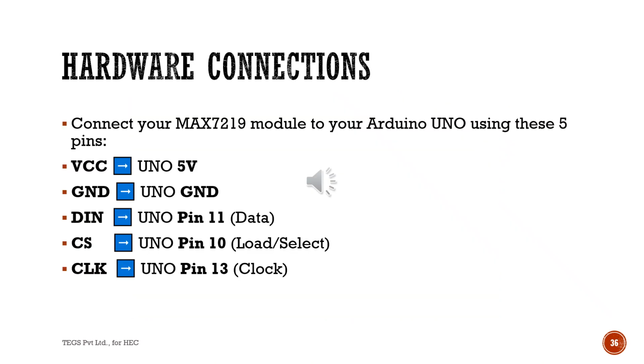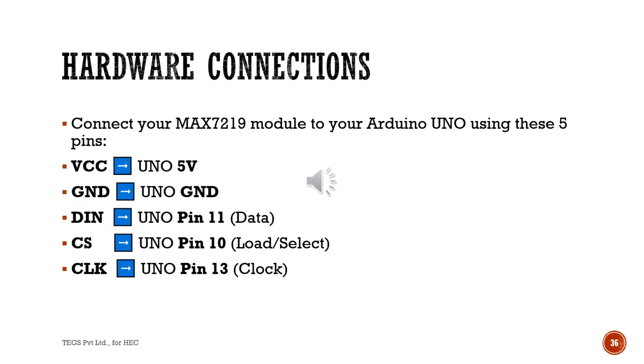Hardware connection. This deals with the MAX7219 module connection with the Arduino Uno. VCC is connected to the Uno plus 5 volt power supply. GND of the MAX7219 pin is connected to ground pin of the Uno.